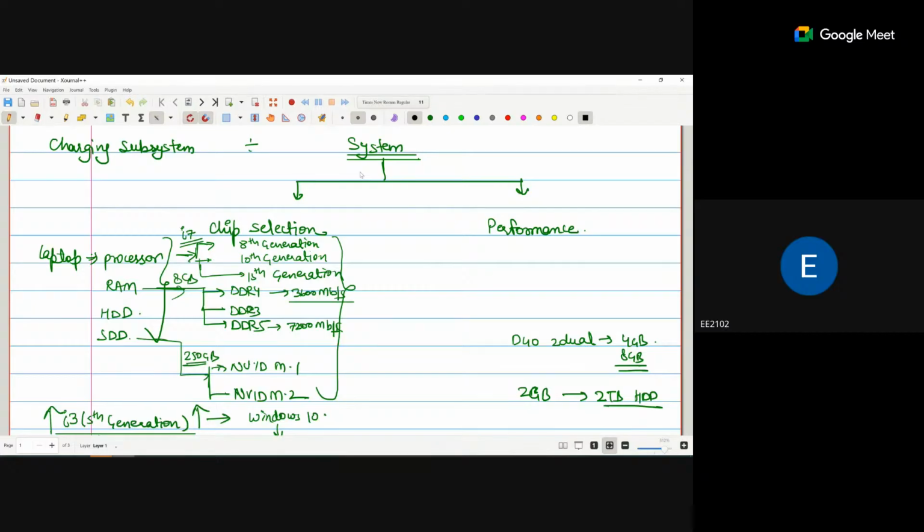The charging subsystem does two things. One, when we connect the system to the power supply, that power is stored in the battery. Two, when I unplug the power supply, the battery provides the current to all other subsystems.